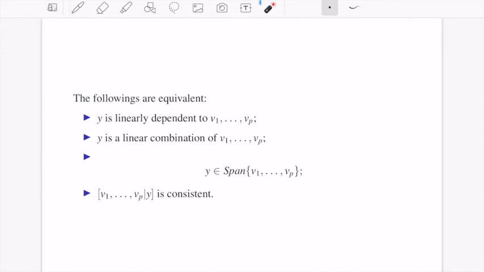Using the terminology span, we can say y belongs to, or is in, the collection of all those points, which is the span. And the way we identify whether y is a linear combination of this set or not is to look at the augmented matrix by justifying its consistency.